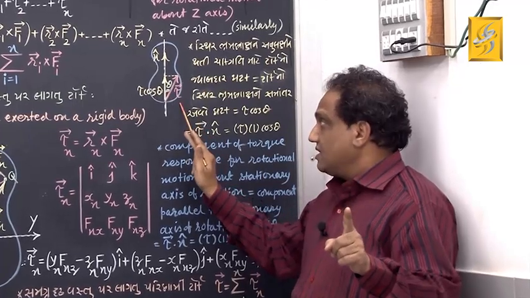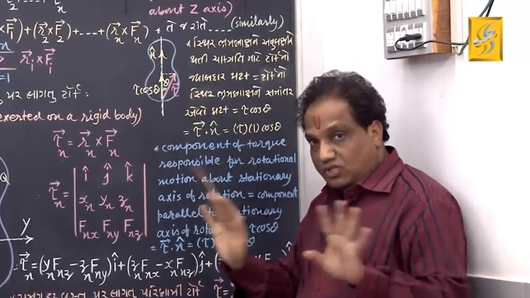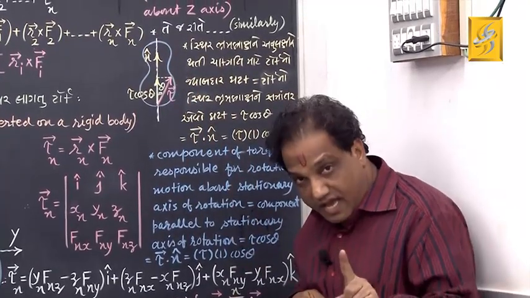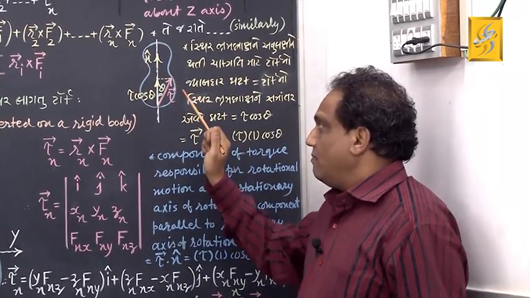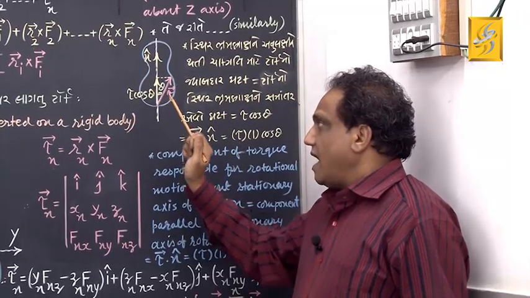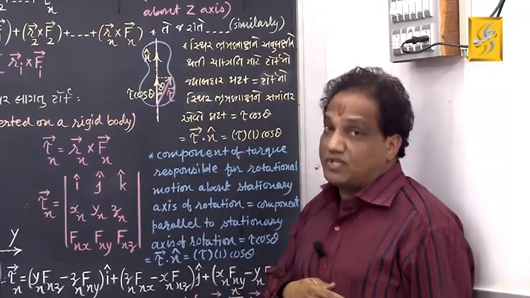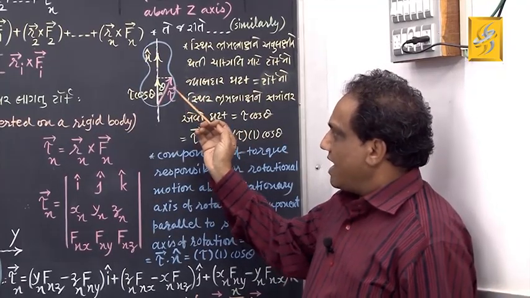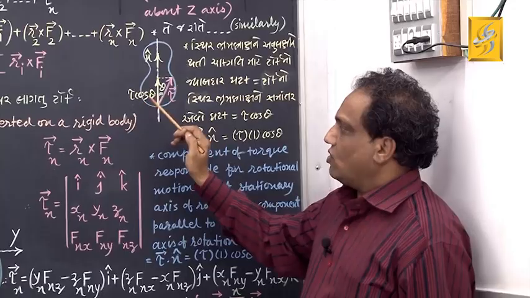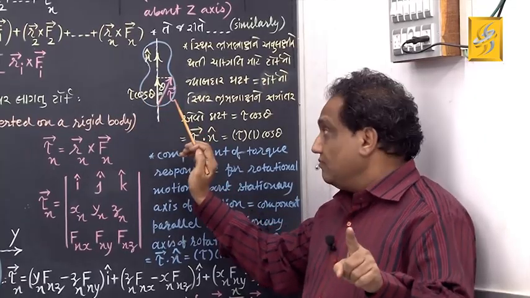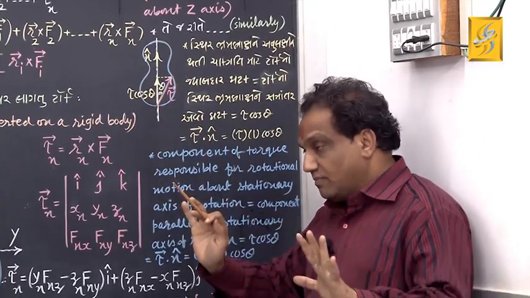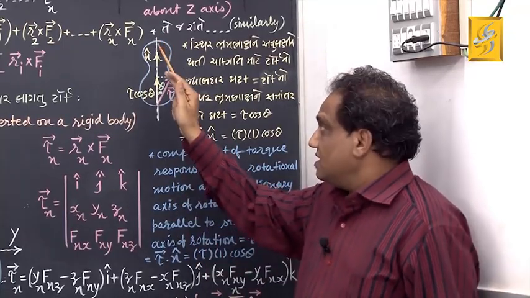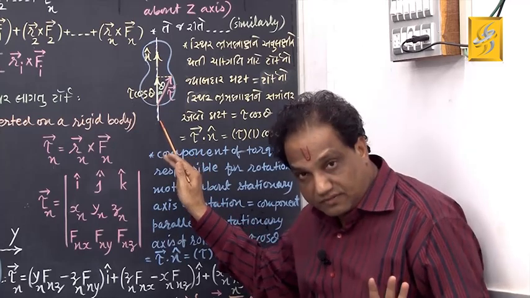If the torque exerted on a rigid body is not parallel to its stationary axis of rotation, then you should take that component of this torque which is parallel to the axis of rotation, and for that you can just find the component of tau adjacent to theta, which is tau cos theta. So in that case, this tau cos theta is responsible for producing rotational motion of this rigid body about this stationary axis of rotation.